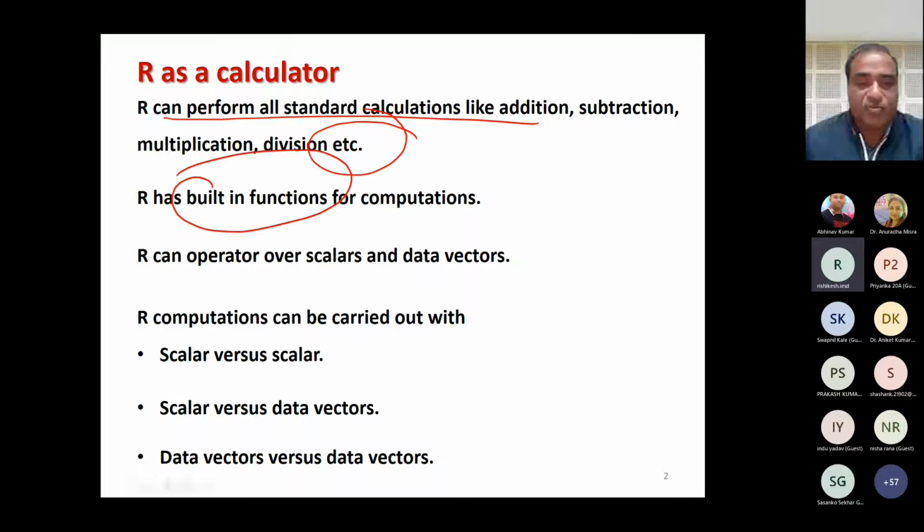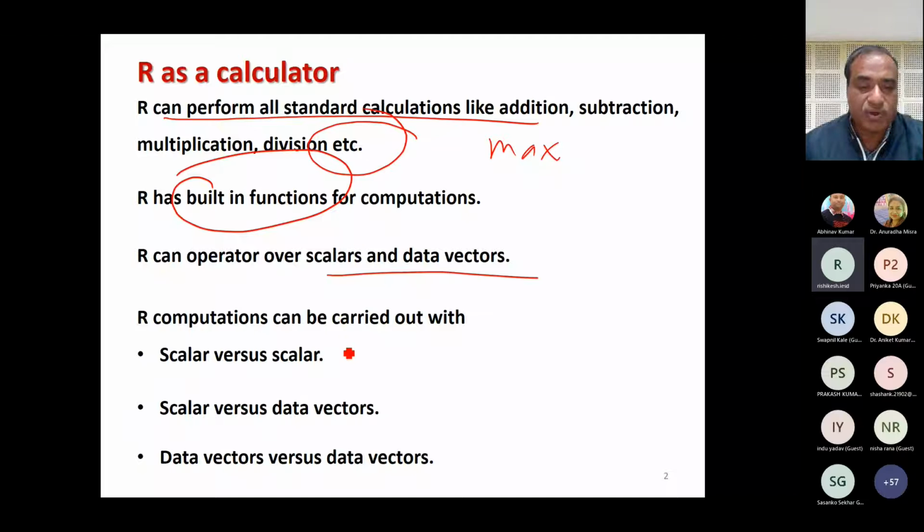For example, if you want to find the maximum, minimum, absolute value, or square root, you already have a built-in function: you can simply write MIN for minimum, MAX for maximum, SQRT for square root, etc. And R can operate with scalars, data vectors, matrices, everything.